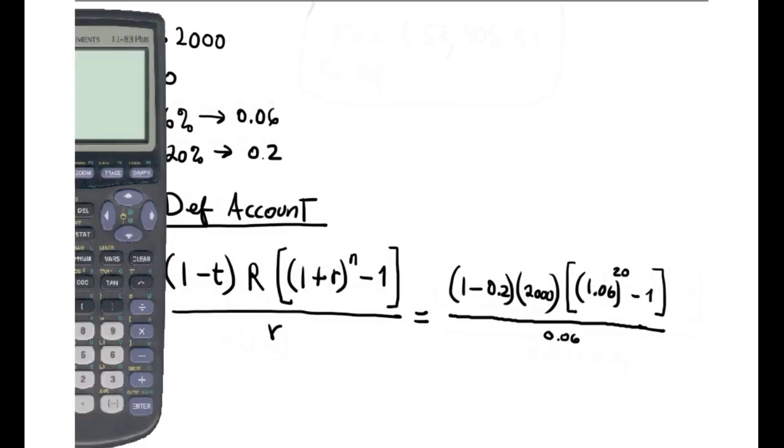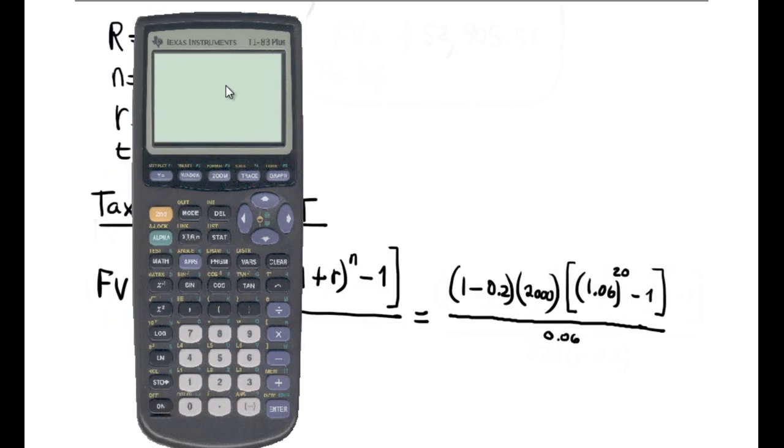Okay, let's see the calculator. On the calculator, clear, double parenthesis, 1 minus 0.2, close the parenthesis, times 2,000, times double parenthesis, 1.06, close the parenthesis, power 20, minus 1, close the parenthesis, divided by only one number, no parenthesis necessary, 0.06.